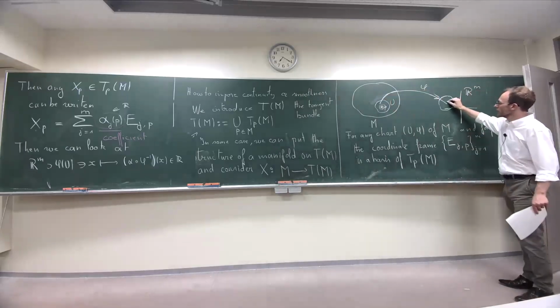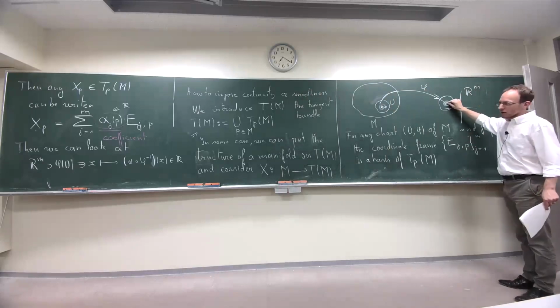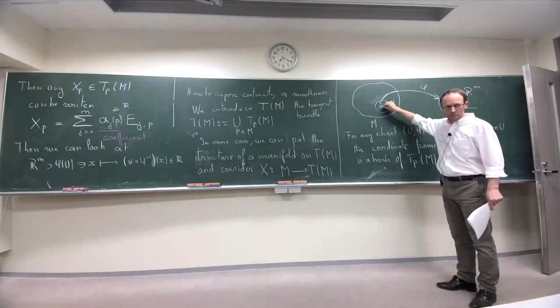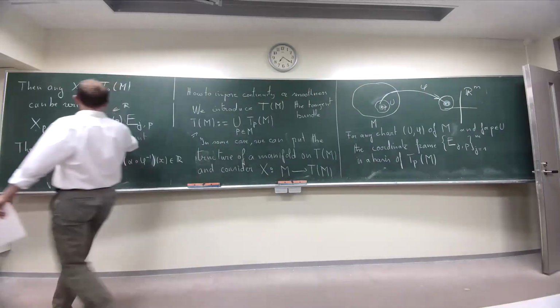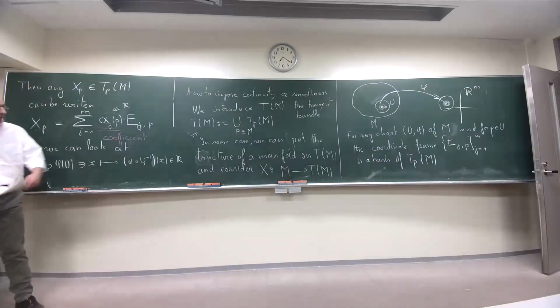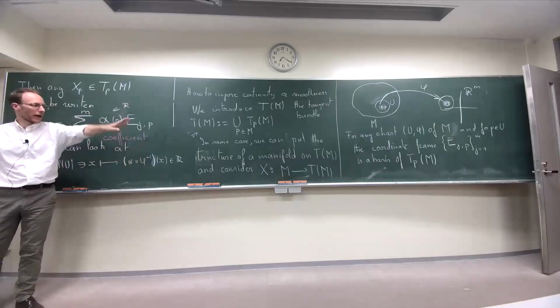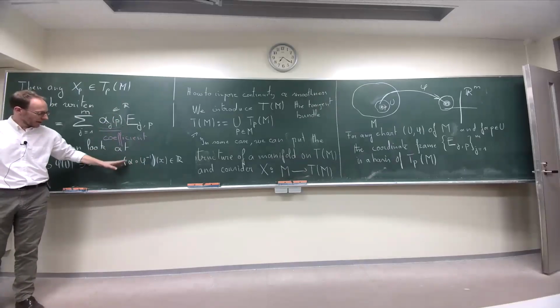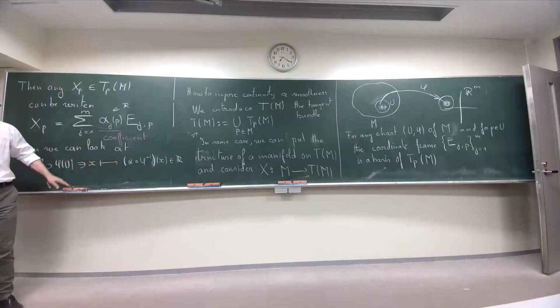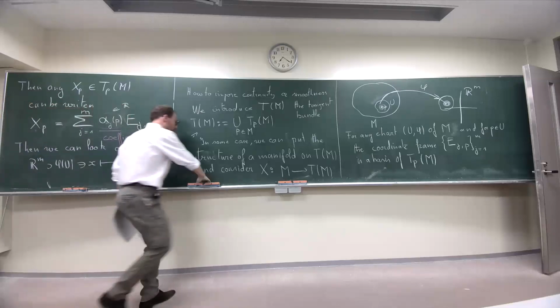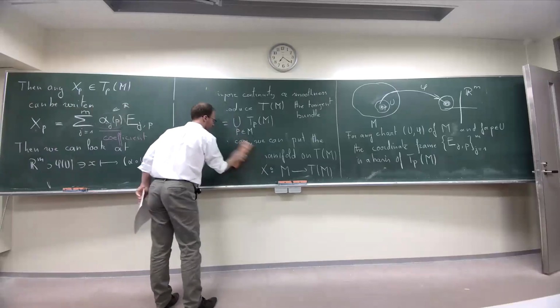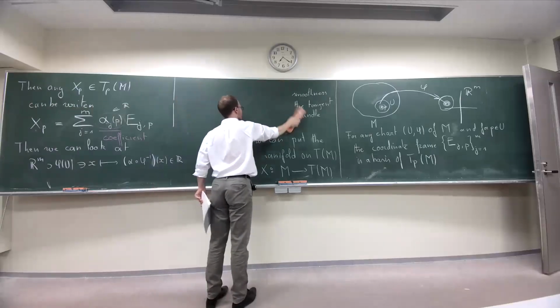So I take some x here, go with phi minus 1 from Rn to the manifold, and then I look at this coefficient alpha. So now we have a function from Rm to R, and for defining smoothness or anything, this is the best case. So now I can give you the precise definition of a vector field and its smoothness.